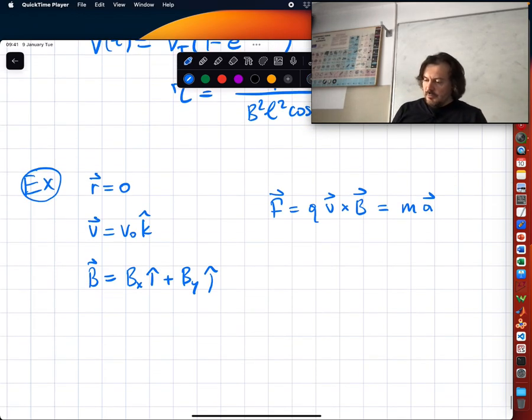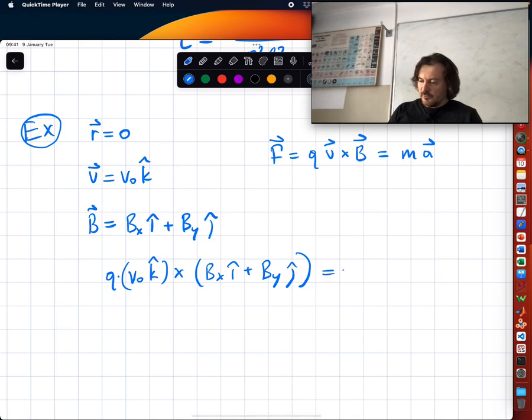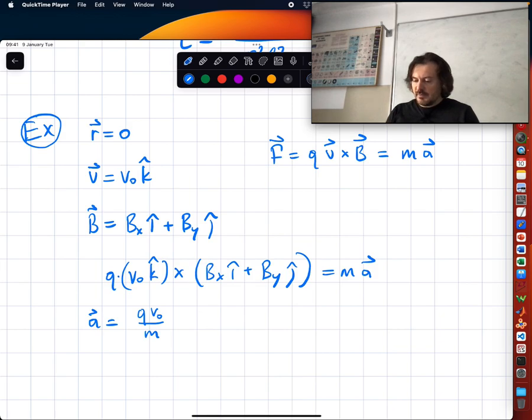So we are dealing with q times v0 k cross (Bx i plus By j) equals ma. So a is equal to q v0 over m times the cross product. What is k cross i? Is it j?